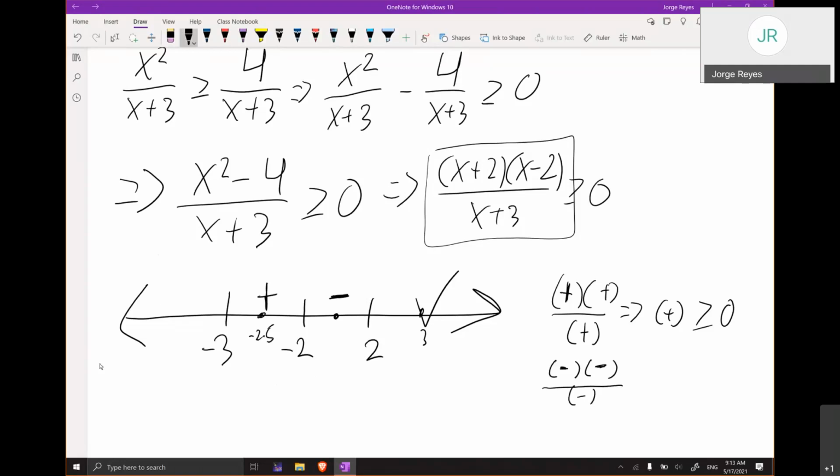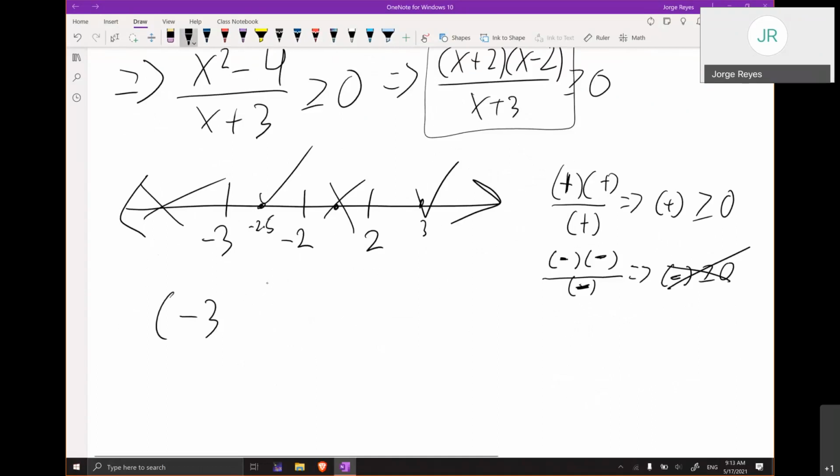So 3 negatives is negative. And that is not greater than or equal to, so this is not an answer, okay? If you want to put pluses and minuses on your sign chart, that's also okay.